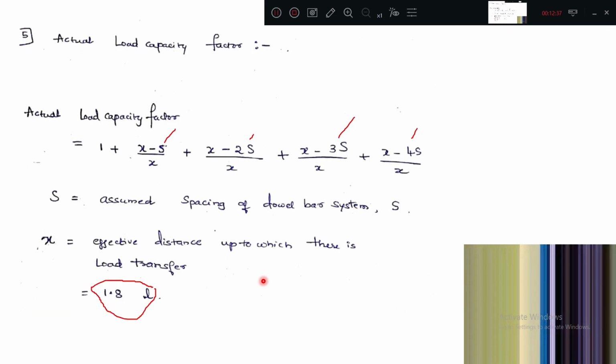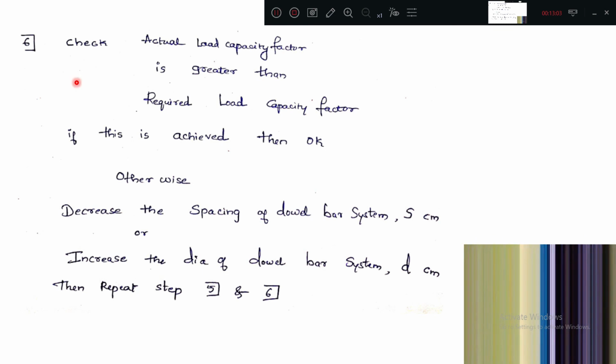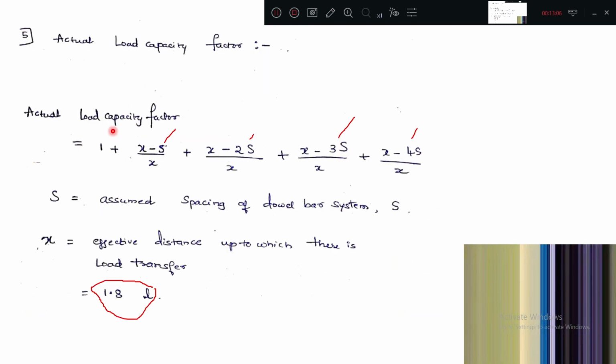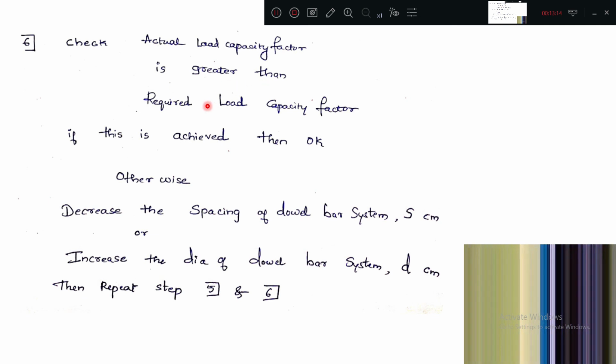You decrease the spacing such that the actual load capacity factor will increase. Or else you can go back to the first step and increase the dia of the bar. You generally go for decreasing the spacing. Again you check steps 5 and 6, calculating the actual load capacity factor, and it should be more than the required one. Then it is okay.